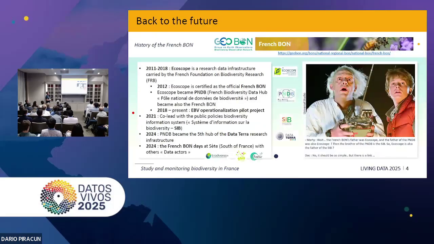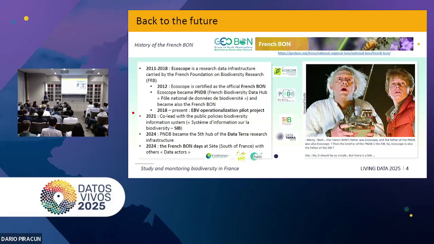In France we have been organizing as a French BON for years, thanks to the Ecoscope initiative in 2012. After that, the Pôle National des Données Biodiversité, the national biodiversity data hub, where I am the scientific and technical coordinator, took the lead of the work of Ecoscope and notably the lead of the French BON.